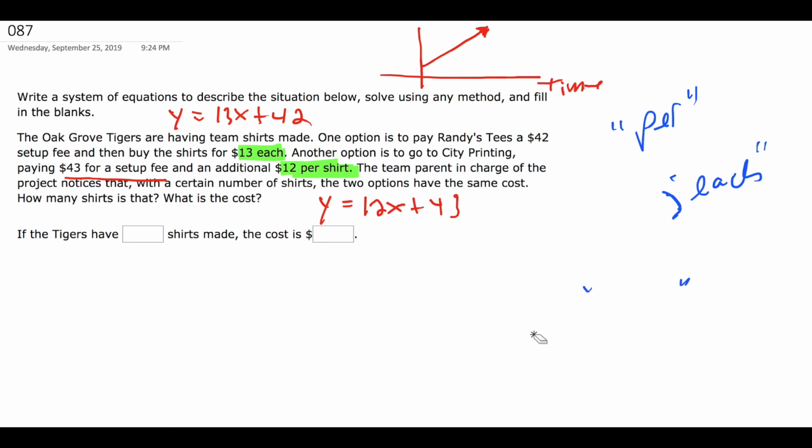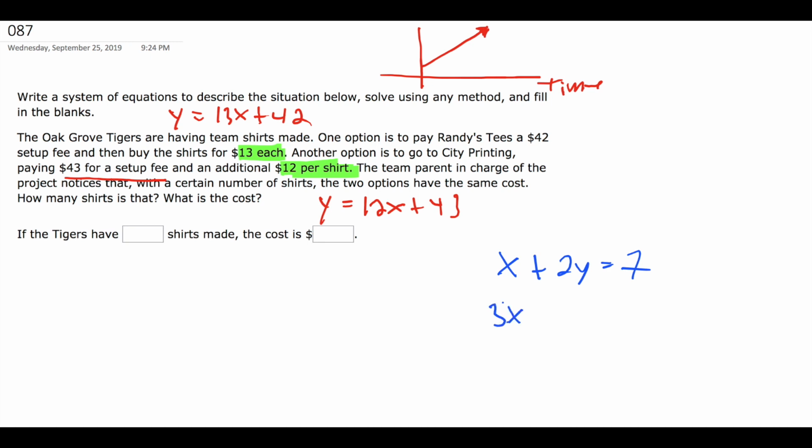Okay, so from here, these are kind of ugly numbers. So you're gonna want to do substitution. If you had something like x plus 2y equals 7, and let's say 3x minus 2y equals 5, then you'd want to do elimination, because you could just add straight down, and the whole point is to eliminate a variable.